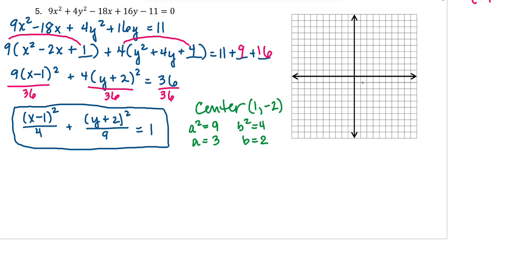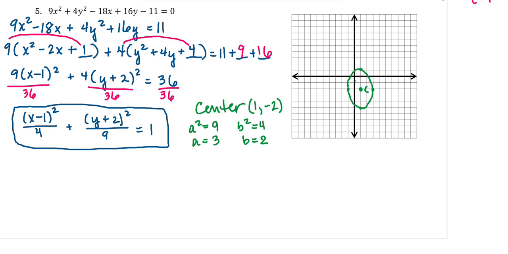Let's graph. 1 comma negative 2 is our center. And then let's see, we're going vertical. We're going to go up 3, down 3, to find our major axis. And then for our minor axis, we're going to go left and right 2. So this is kind of a wider ellipse, which is fine.